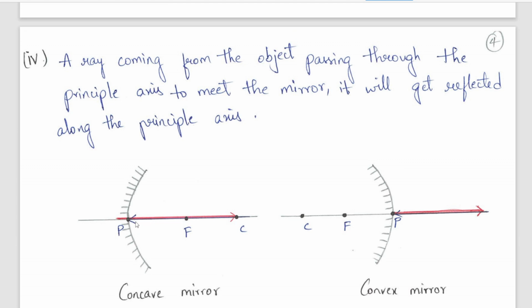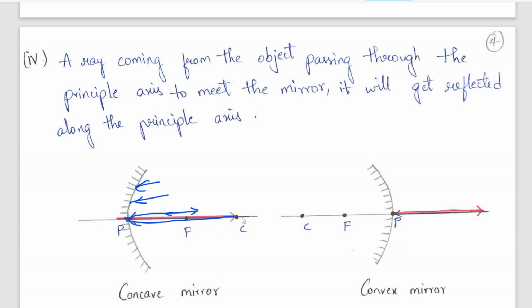So consider a ray passing along the principal axis. You know n number of rays will be falling on the mirror. If you consider a ray falling along the principal axis on the mirror, this ray will be reflected back in the same direction, along the principal axis only.